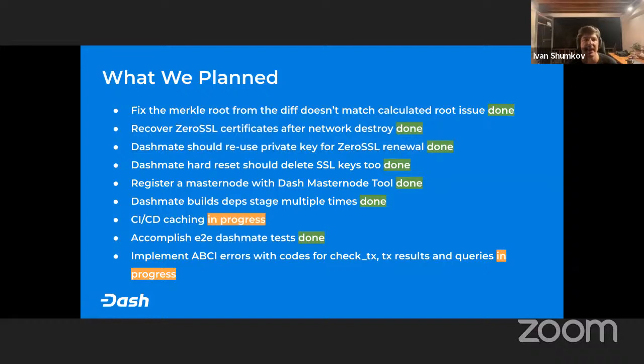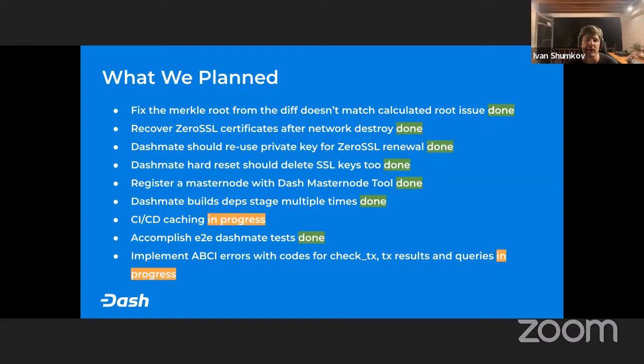And this sprint we added Dash Masternode Tool into the Dashmate setup command, since it's, I would say, the officially recommended way to start a masternode on mainnet, because you can use it with hardware wallets. So now when you register a masternode with Dashmate, it recommends going with the Dash Masternode Tool and provides all instructions on how to use it, or you can go with the core wallet, and there are instructions for that as well.